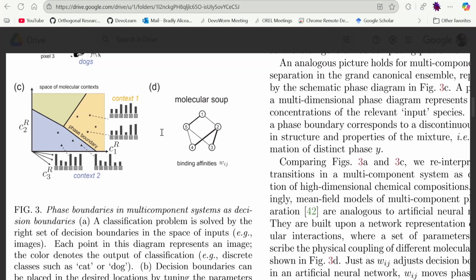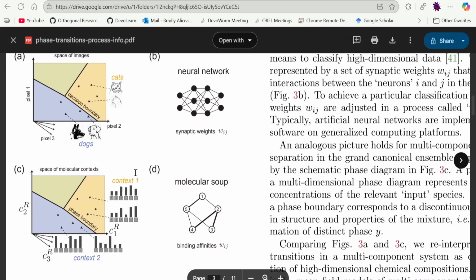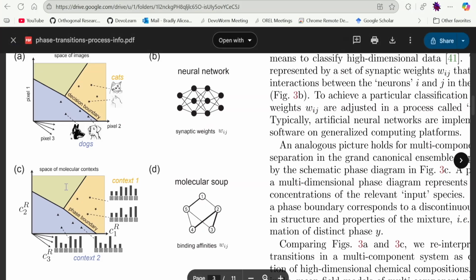And you have these binding affinities, basically, which are also Wij. The idea is that these biomolecules will bind according to affinities Wij, and they act very much like a set of synaptic weights in a neural network, which aren't actually synapses, but that's the way they refer to them.